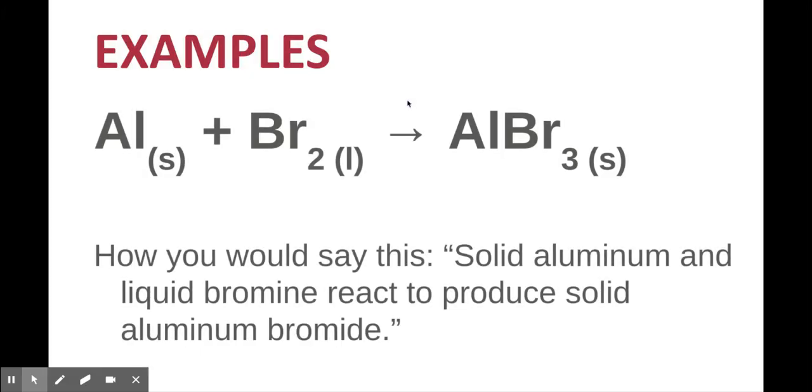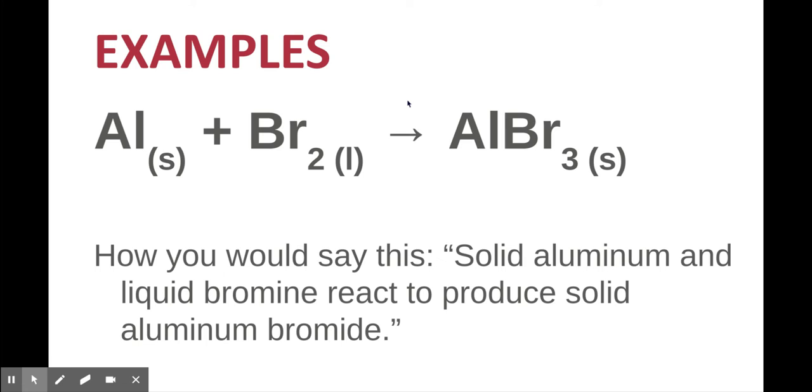So, the goal here is for you to be able to either look at a chemical reaction and write down or say out loud that chemical reaction. It's really important for communicating within a chemistry lab or between chemistry colleagues. You should also be able to go the other direction. If someone tells you what a chemical reaction is, or if you see it written on a piece of paper, you should be able to write a chemical reaction formula for that.